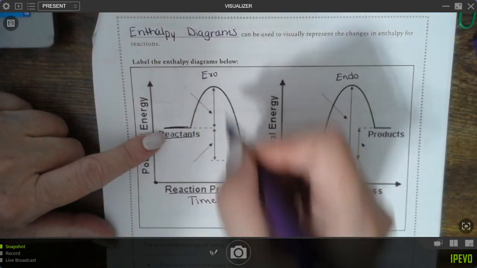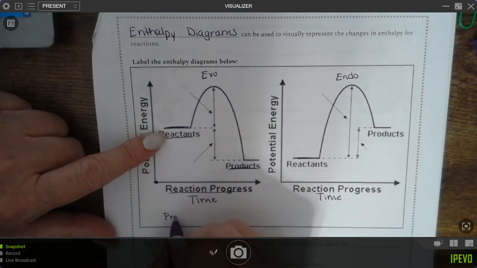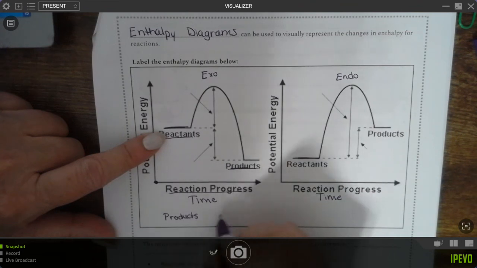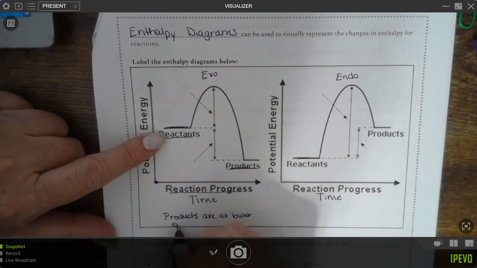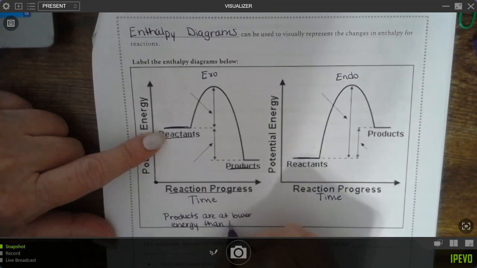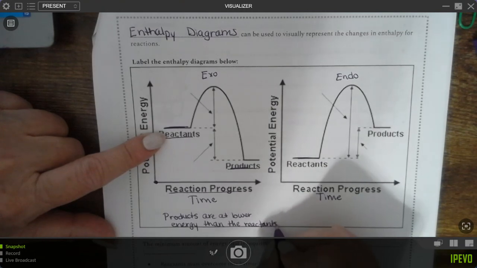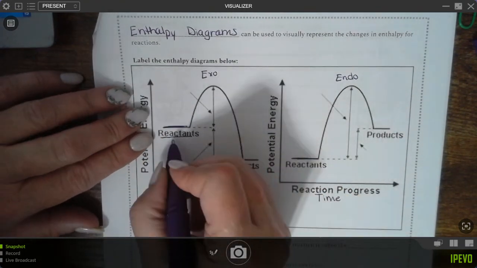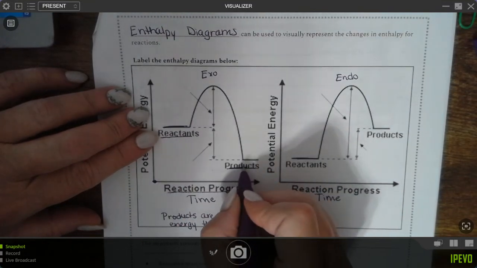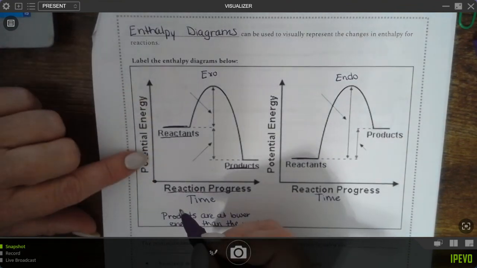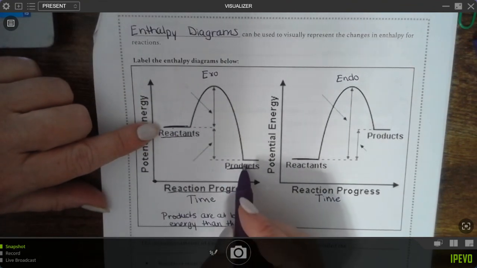In an exothermic reaction, the products are at lower energy than the reactants. So if I were doing a reaction, my reactants would be here, my products would be here. This is my potential energy. Reactants are at higher energy than products.